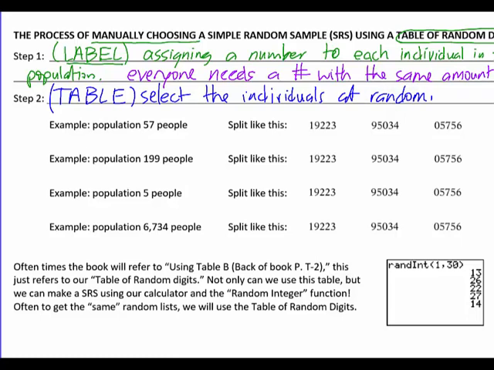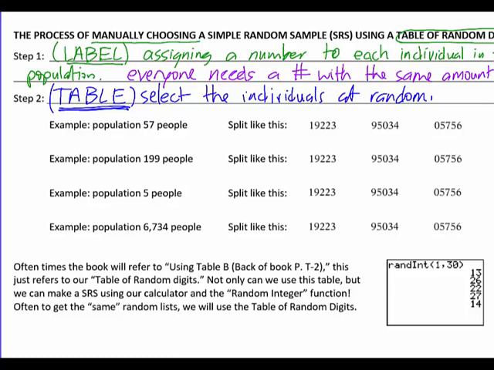And so if we need a sample of 20 people, we would have to select 20 individuals. And so we're going to see this step where we collect those individuals from the table. We're almost like slicing the table of random digits up. We're snipping it. We're cutting it and selecting the people based on what number we're seeing.